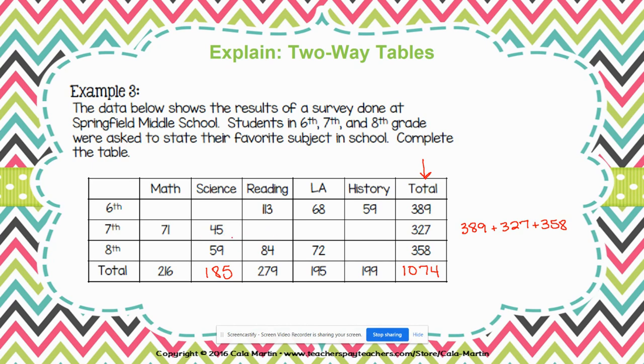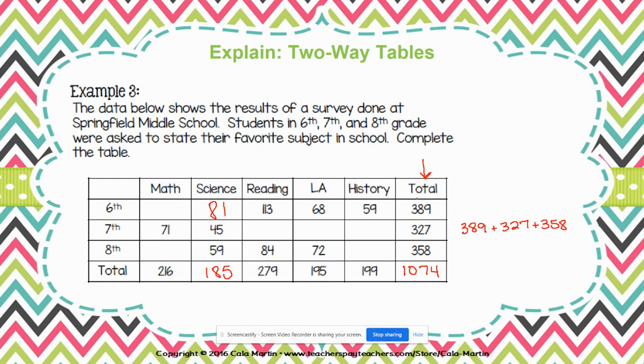Again, I can use this. I know there are 185 total students who said science. So to figure out how many of those were in 6th grade, I'm going to subtract the 7th and 8th grade numbers from those. So I'm going to do 185 minus 45 minus 59, and that leaves me with 81. From here, I'm left with a row here that only has one number missing.